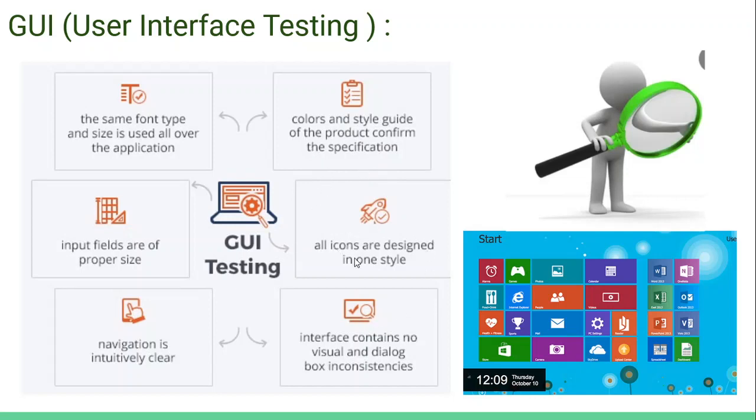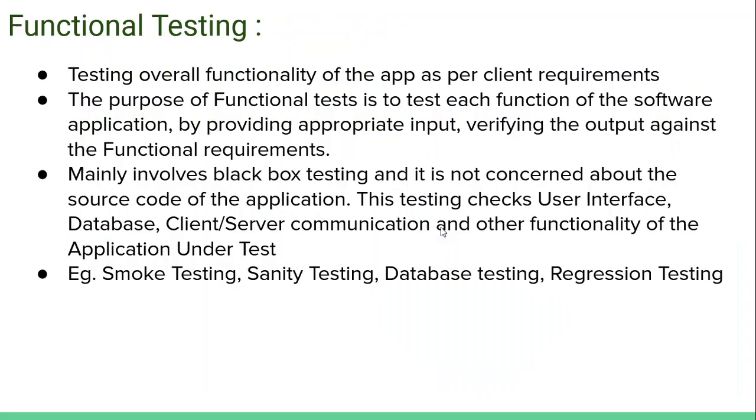All icons, the various icons used in the software, should be in one style. Apart from that, the interface should contain no visual or dialog box inconsistencies. If there are a number of buttons or dialog boxes, they should be consistent. So all these user interface related tests come under GUI testing, that is nothing but graphic user interface testing.